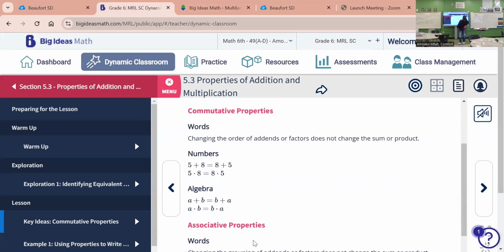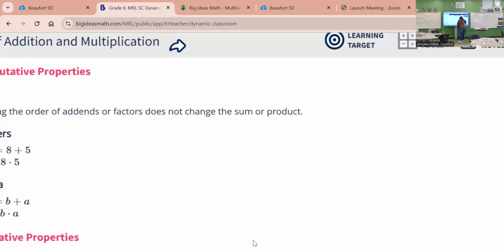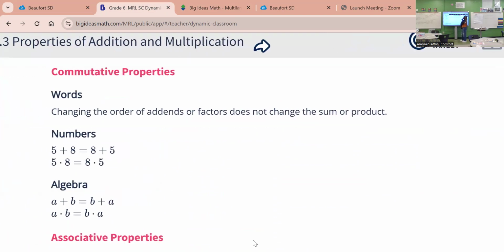Then we come to commutative properties. What does it mean? That is changing. Can you guys see what I'm sharing? Let me zoom it out. So commutative properties: changing the order of addends or factors does not change the sum or the product. For example, 5 plus 8 should give the same answer as 8 plus 5. We just change the order of the arrangement.